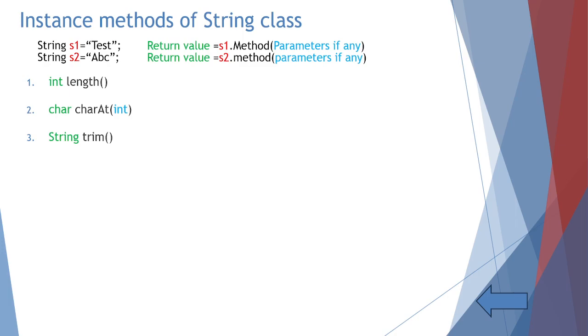Similarly, charAt is a method. It should be used as s1.charAt or s2.charAt or any object.charAt, which receives one parameter, that is an integer, and returns a character. By looking at the method only, we understand the return type, the parameters, and the method name. Third one is trim.